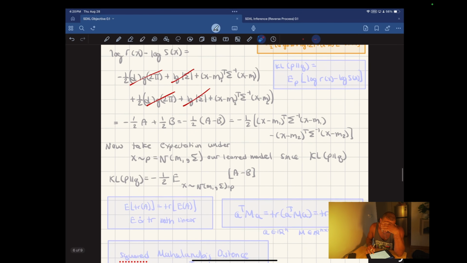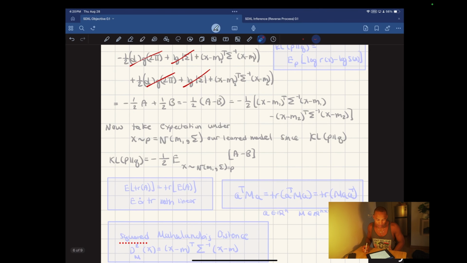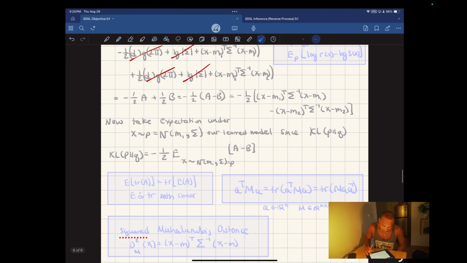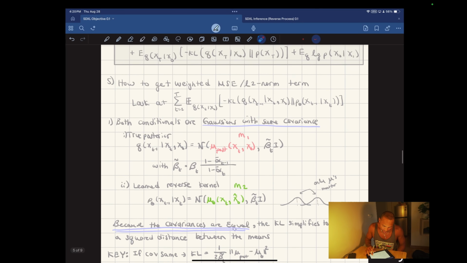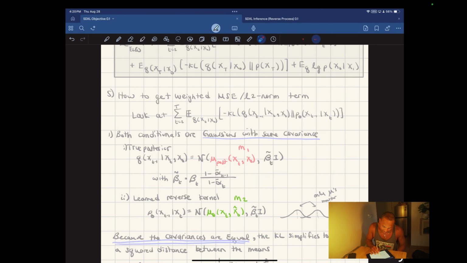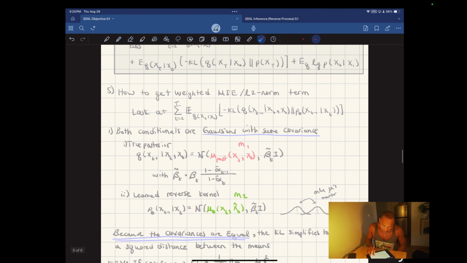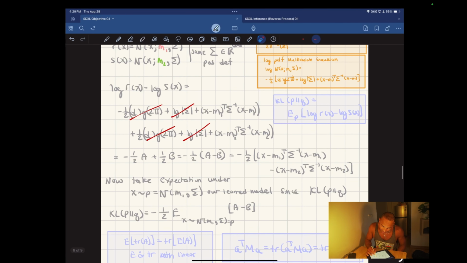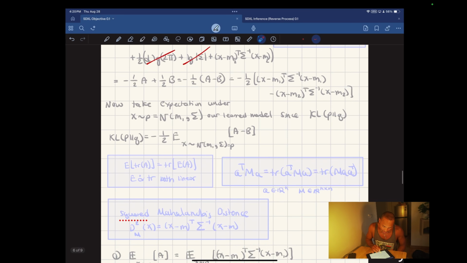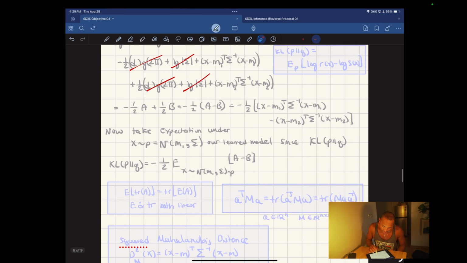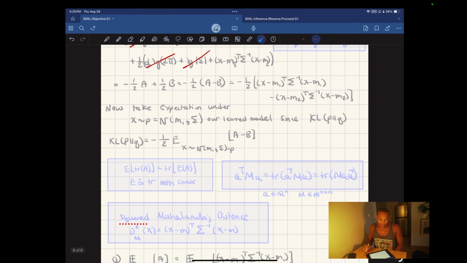So now we take the expectation. Remember, KL divergence is an expectation of log R minus log S, right? Now that we have the difference simplified, we're going to do an expectation of these two Mahalanobis distances, and we can pull out the 1/2 because expectations are linear functions.